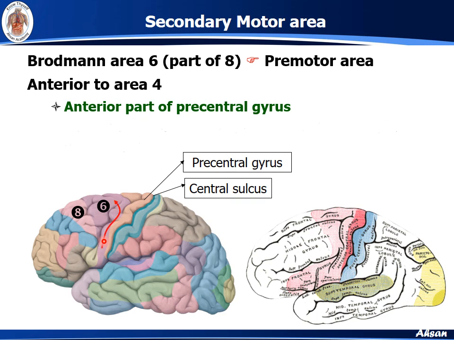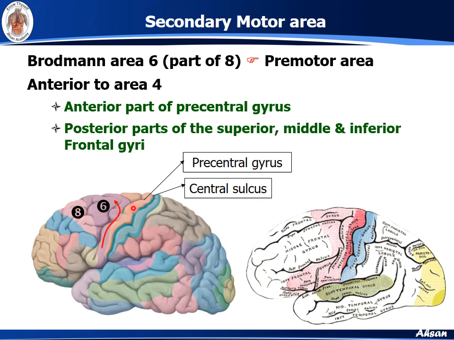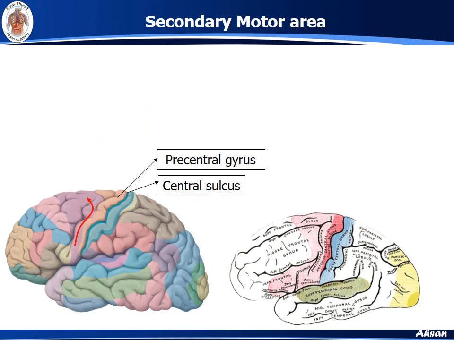It is anterior to the precentral gyrus. I will say this is the motor area, and in front of that, this secondary motor area is situated. It occupies all three gyri present in the frontal lobe: superior, middle, and inferior.